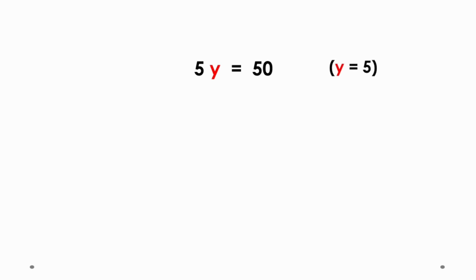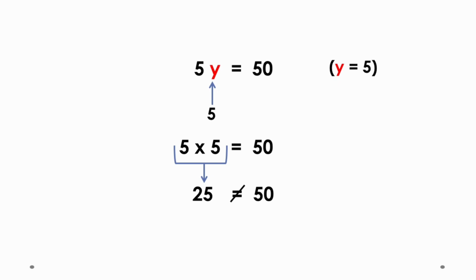By substituting the value of y as 5, the equation becomes 5 into 5 is equal to 50. 5 multiplied by 5 is 25. So after solving, we see that left hand side is not equal to right hand side. So y is equal to 5 cannot be the right substitution.